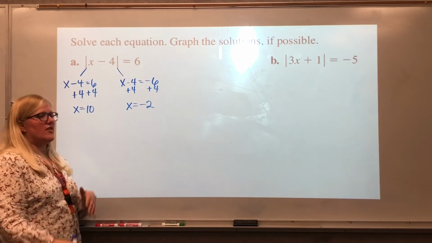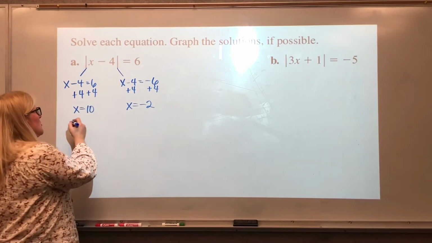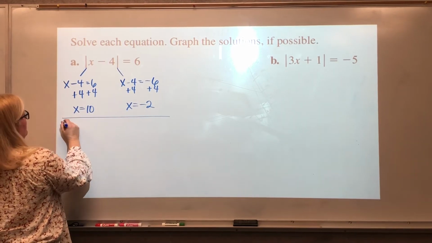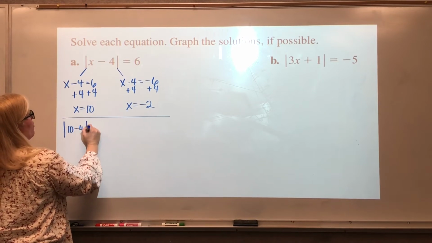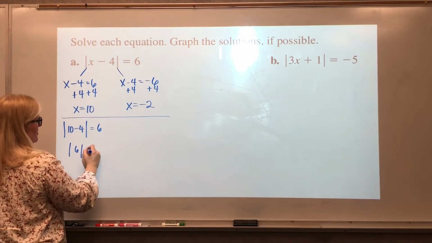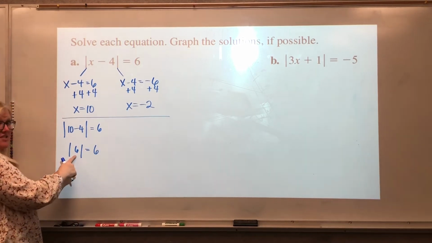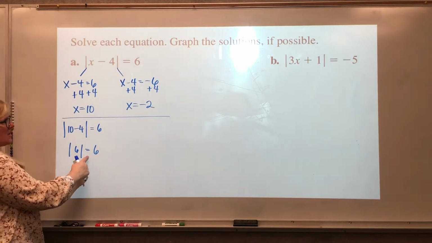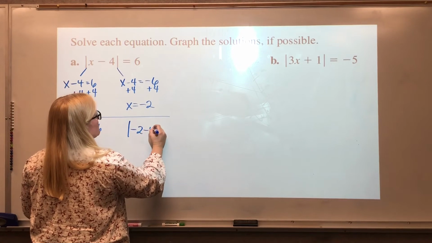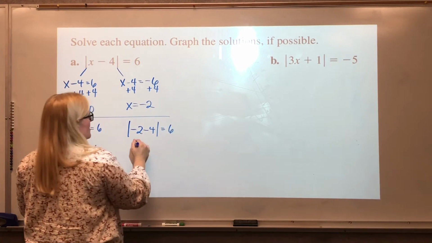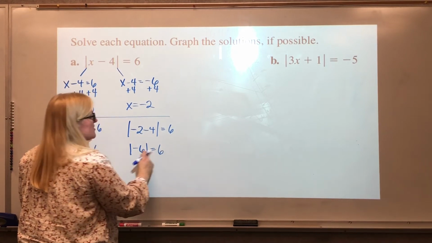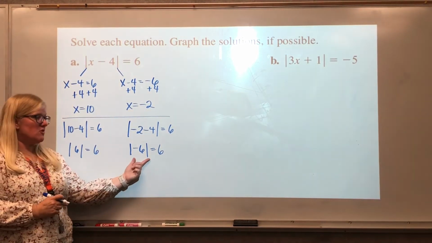Now how in the world could there be two answers? So let's check this. Let's plug these both in. If I plug in the 10, I get 10 minus 4 equals 6, the absolute value of that. Well, that's positive. The absolute value of a positive 6 equals 6. If I put in a negative 2, I have negative 2 minus 4, which is negative 6, which also equals 6 when I take the absolute value of it.